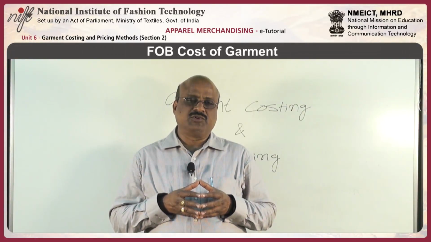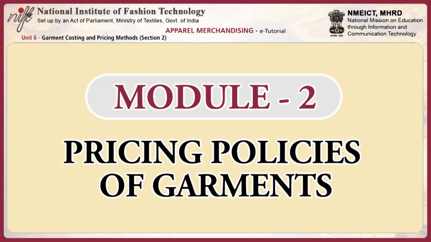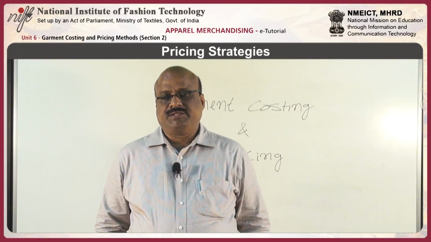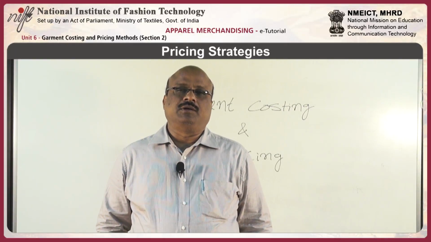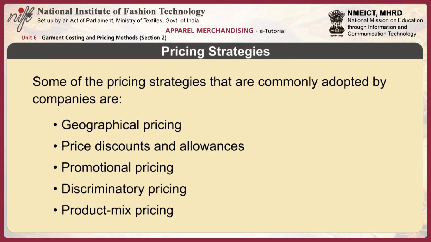Here are some examples of garment costing. The next module is the pricing policies of the garment. Pricing is many a time more of a strategic decision. So finally, let us look at some of the pricing strategies that are commonly adopted by companies.